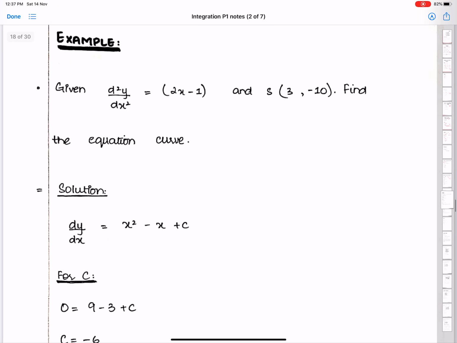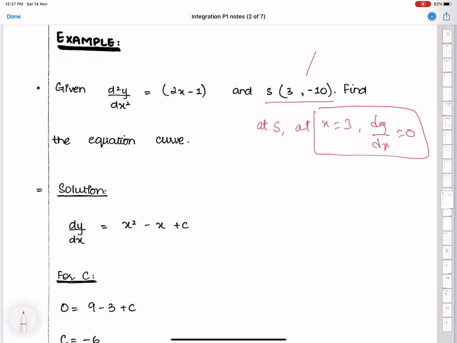This is the example of that concept. So this is the turning point, and you know, at turning point gradient is 0. We will use this condition for the first constant and this condition for the second constant.